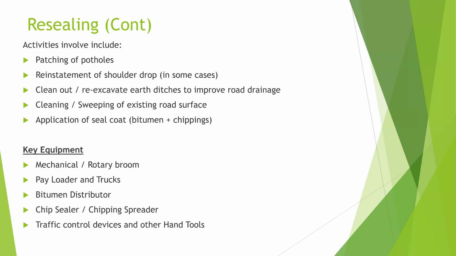Now we have mechanical and rotary brooms, but notwithstanding, we still employ a few men to do some manual cleaning to sweep the road at areas that the machine cannot really work. And then you need a payloader and trucks, a bitumen distributor and the chip sealer, which are the key equipment required. And you have traffic control devices and other hand tools that you need.